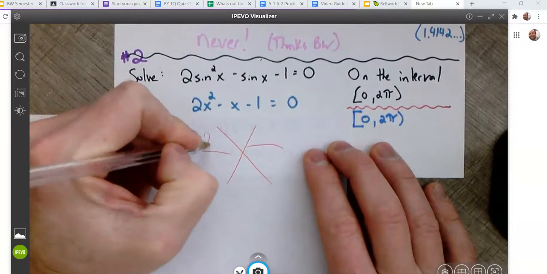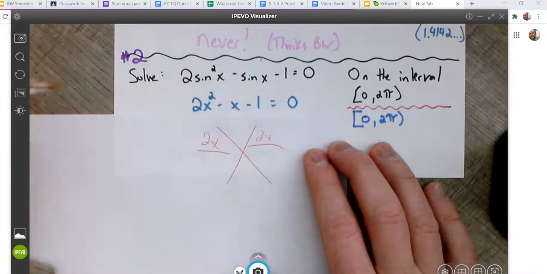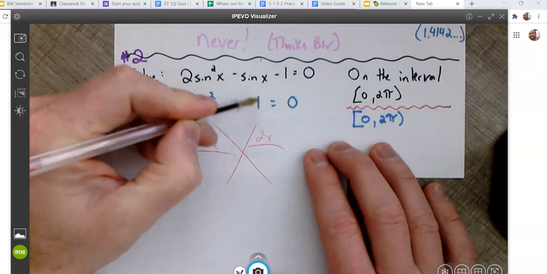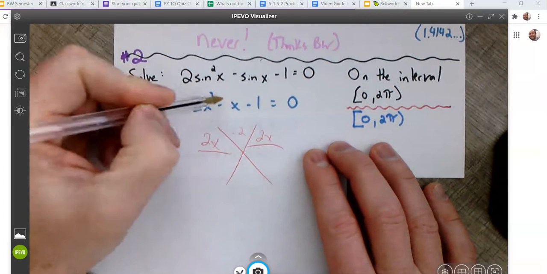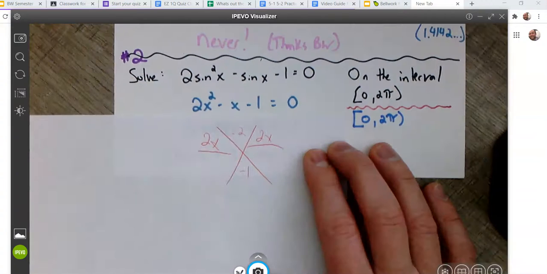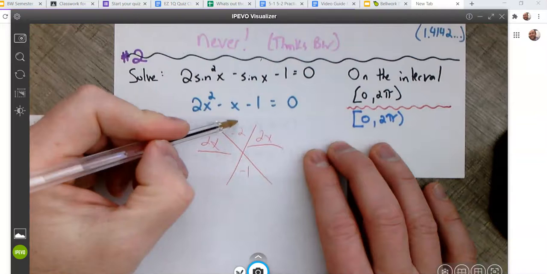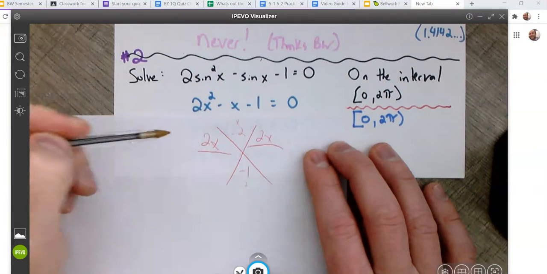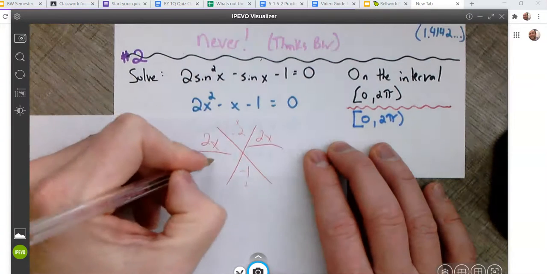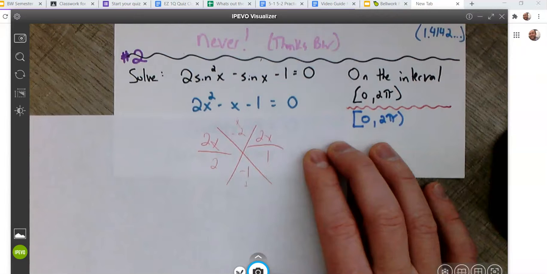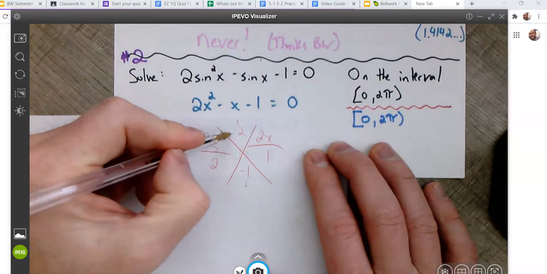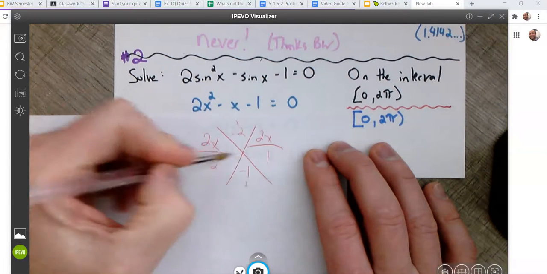2x squared, so a 2x and a 2x go on top. I multiply the first and the last one. That goes on top. The middle one goes on bottom. Now we want two numbers that multiply to the top and add to the bottom. Multiply to negative 2. The only things I know that multiply to 2 are 2 and 1. They have to multiply to a negative 2, so one of these has to be negative.